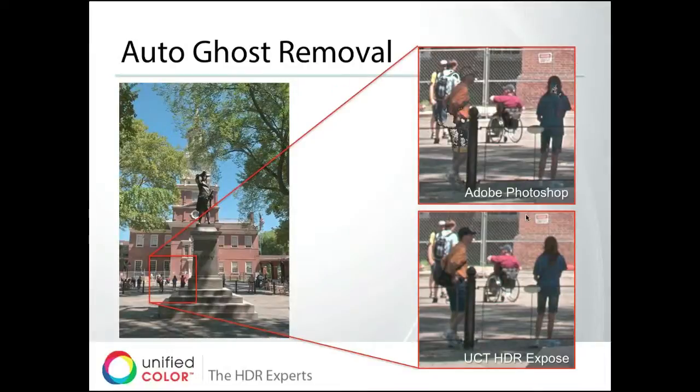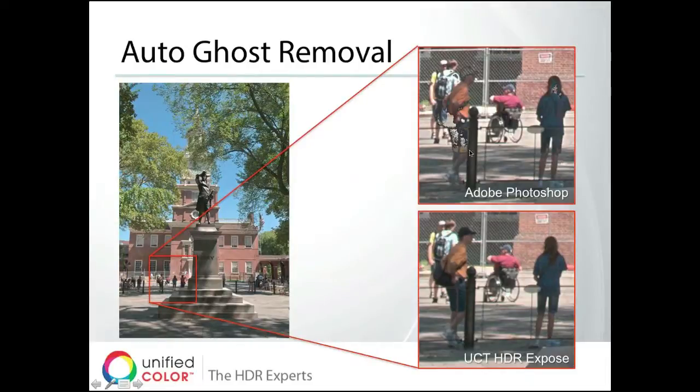Ghost removal is something you need anytime you have objects moving between frames in a bracketed exposure series and you try to merge them, you'll wind up with ghost artifacts. That looks something like this, where you see a person who is moving, you see him half in the screen, kind of an outline, and you can see through them.